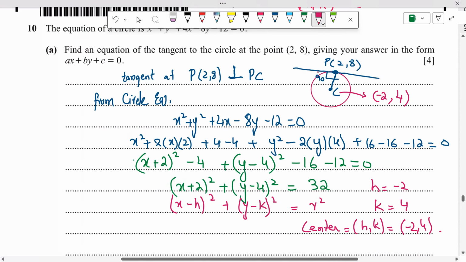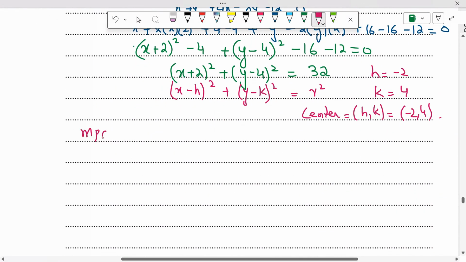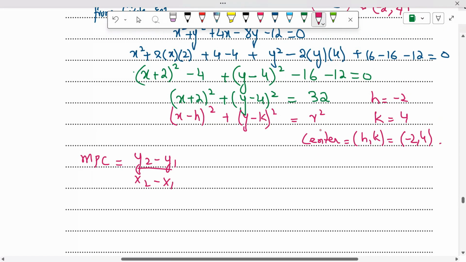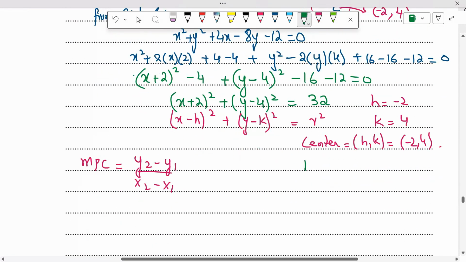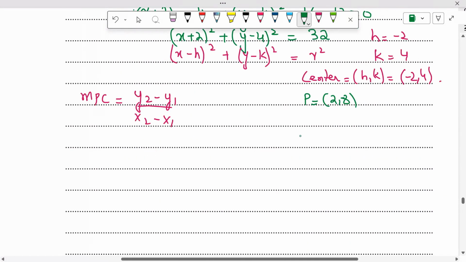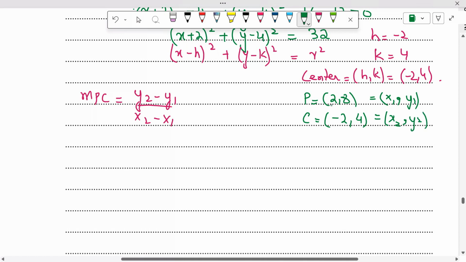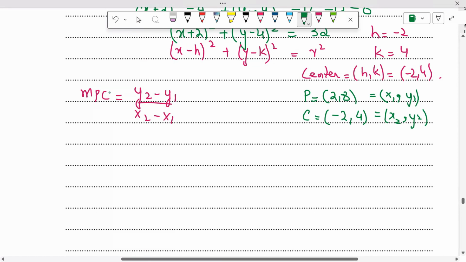Now we need to find the slope of the tangent, mT, which is perpendicular to the slope of PC. So first we find the slope of PC, using the formula (y2 − y1)/(x2 − x1). P is given, which is (2, 8), and C is the center we just calculated, (−2, 4).